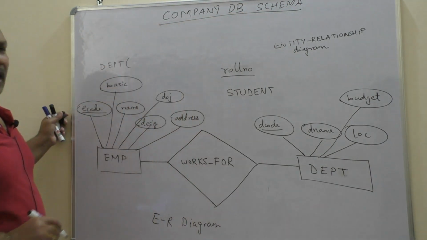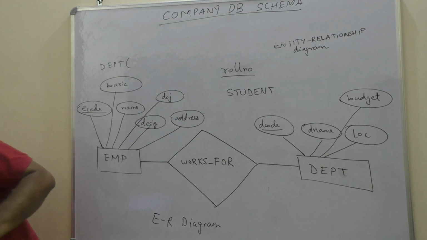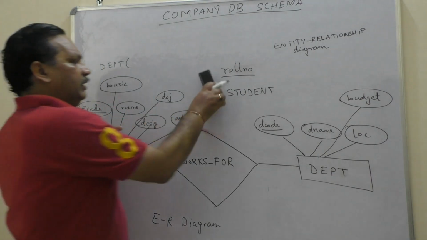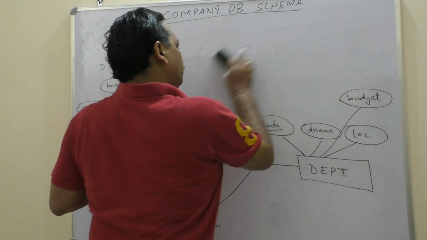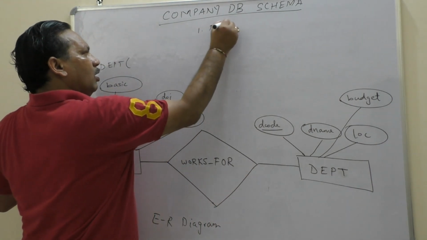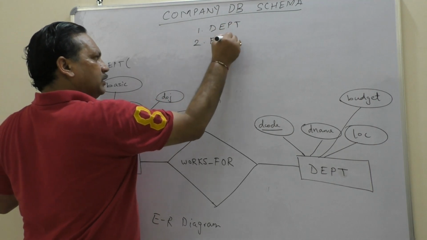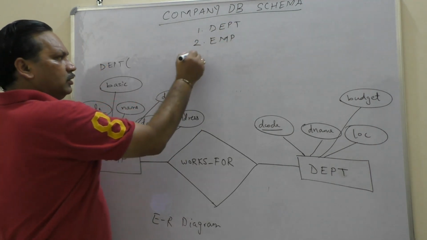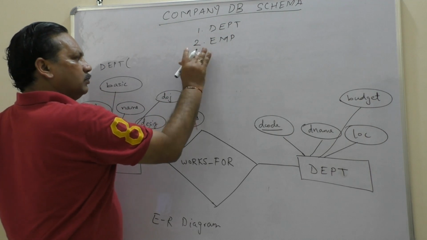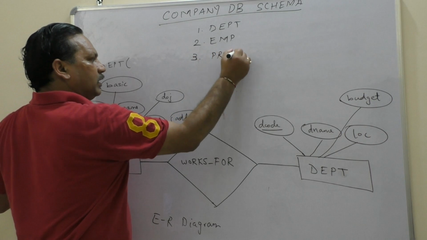Clear? And in this we have entity sets. I've shown here only two, but there are many entity sets. The first entity set is department, or we will create the table department. Another is the employee entity set or relation. The third is projects, because when people work in a company, they work on certain projects of that company.